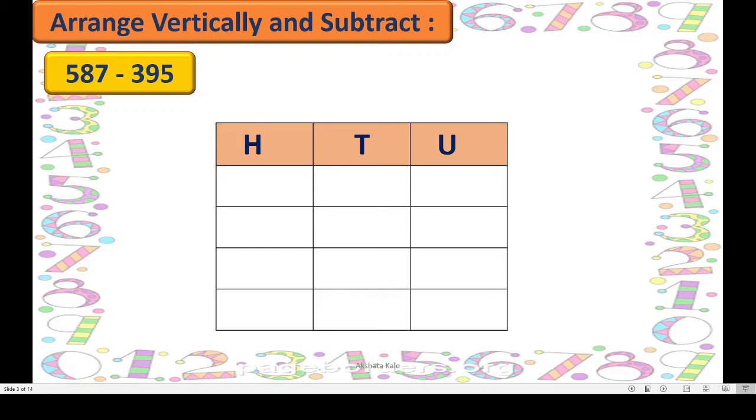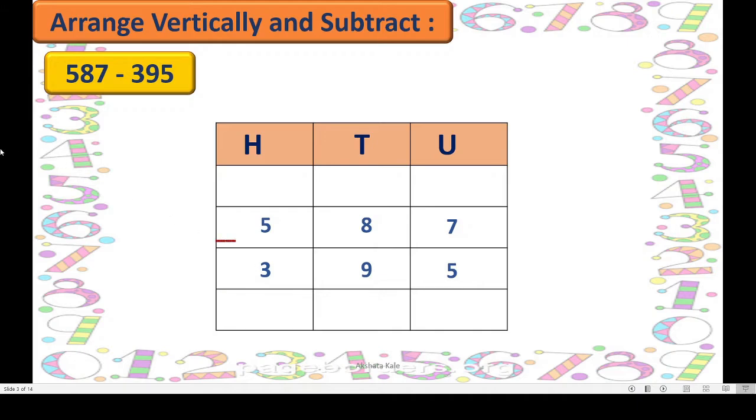We will write first 587 according to their place values, minus 395 below 587 according to their place value. 5 we will write in unit place. Now minus sign we will put.